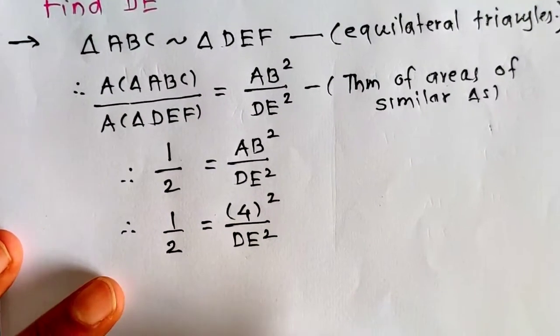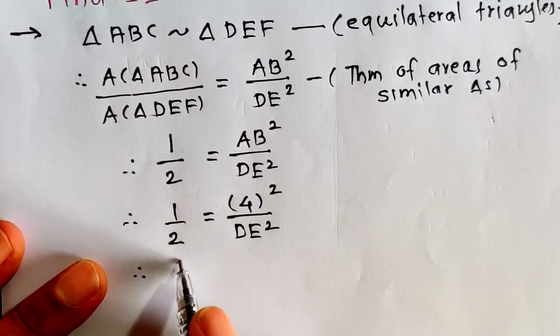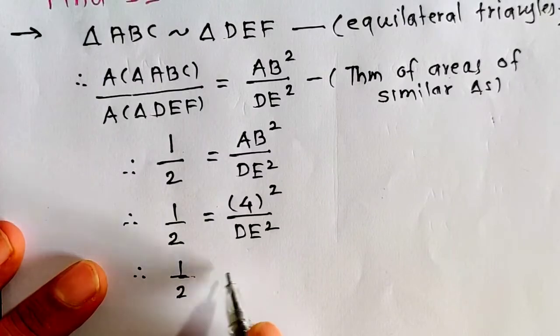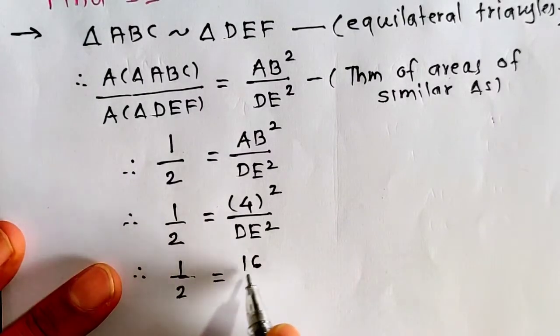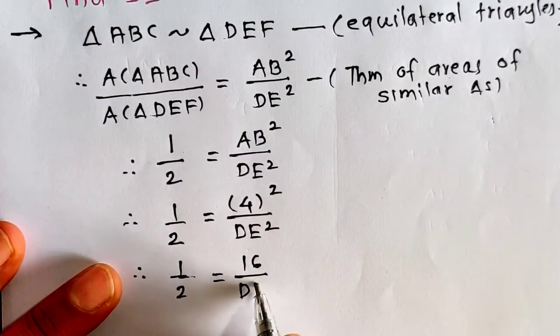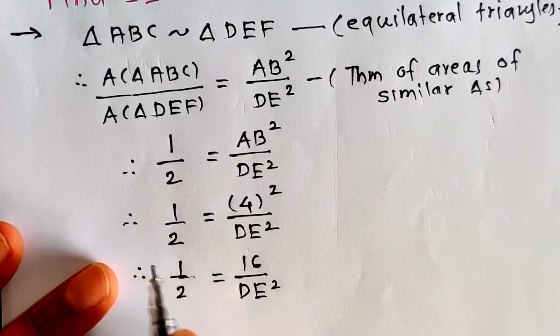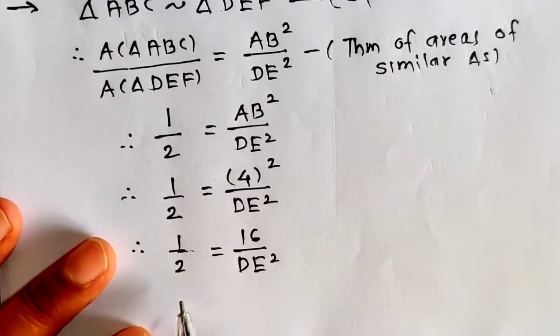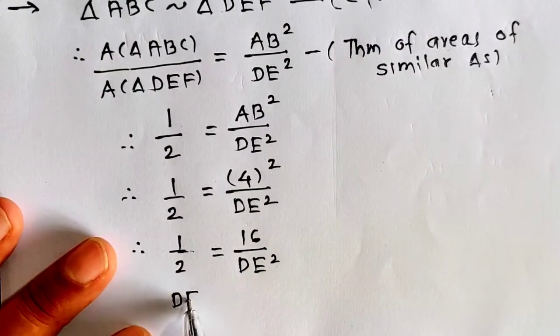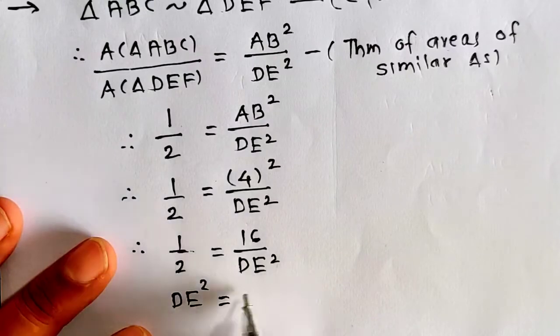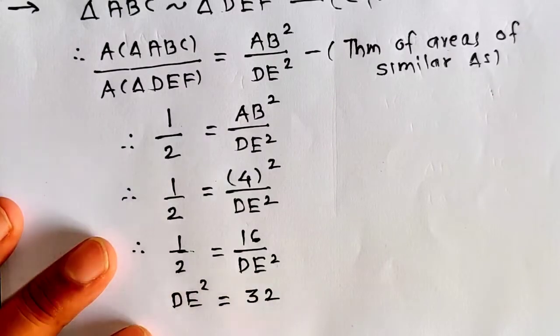Now simplify. Therefore the left hand side as it is, 1/2 is equal to 16 divided by DE square. 4 square is 16. So by cross multiplication we get DE square is equal to 16 times 2, that is 32.